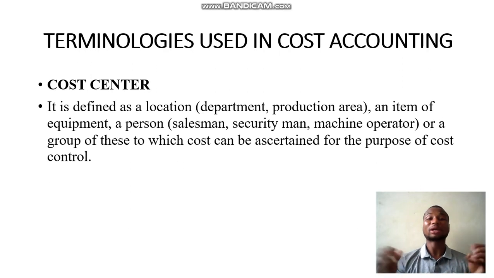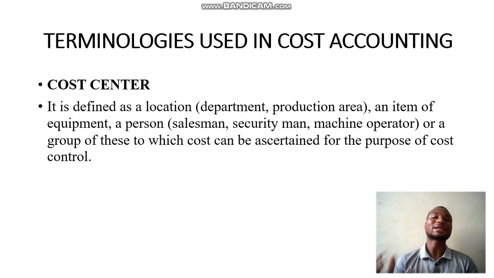So a cost center is defined as a location. We are talking about either a department, a production area, a sales area, an item of equipment, or a person. And a person could be a salesman, a security man, a machine operator. Or a group of these to which cost can be ascertained for the purposes of cost control. We shall be looking at the meaning of ascertain very soon to know what cost ascertainment means.